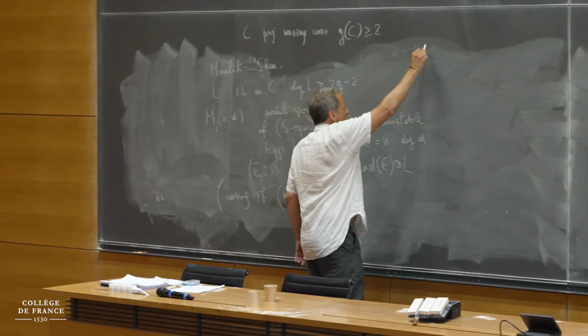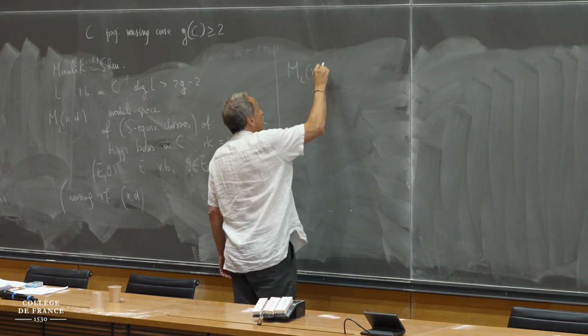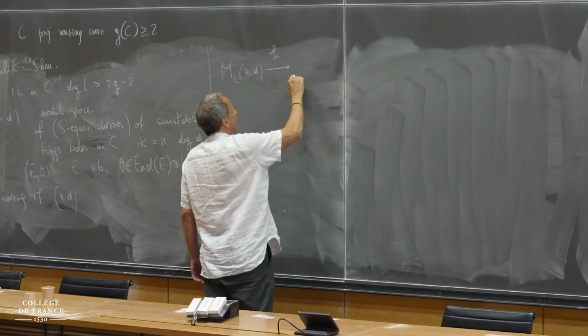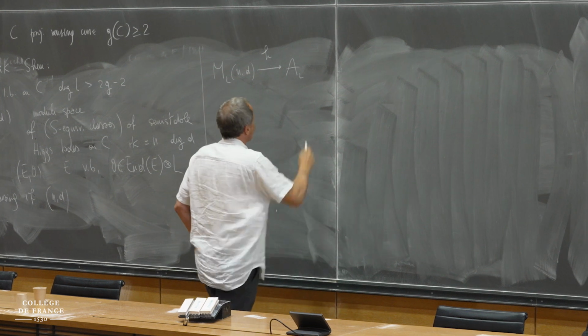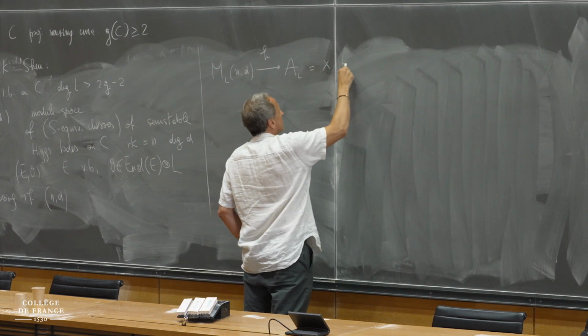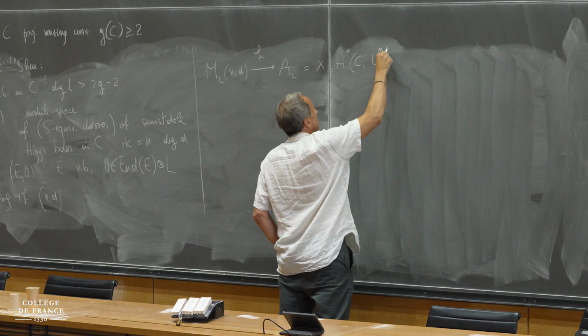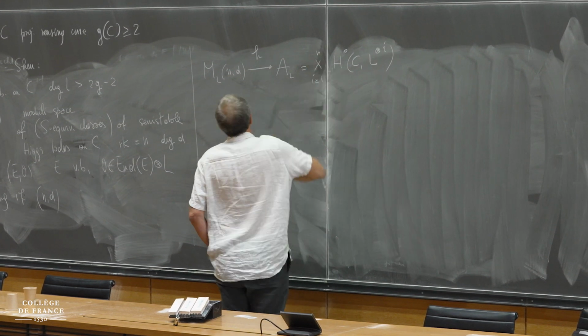These quasi-projective varieties are endowed with a natural map h to an affine space, which I will denote by A_L. This is the product of the spaces of sections of L^i, with i going from 1 to n.